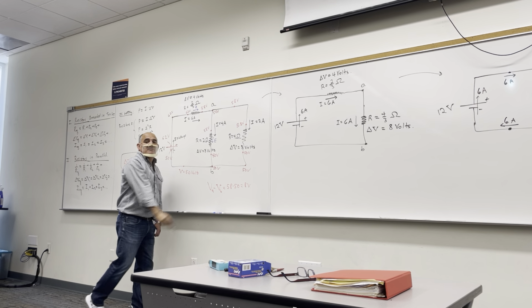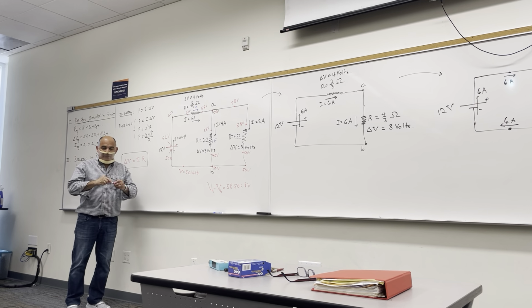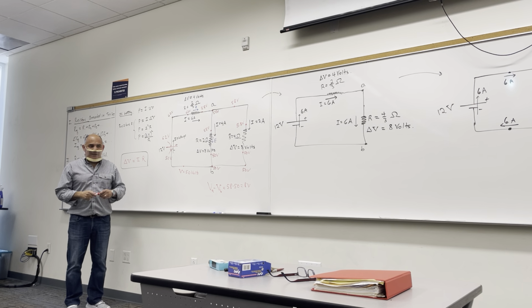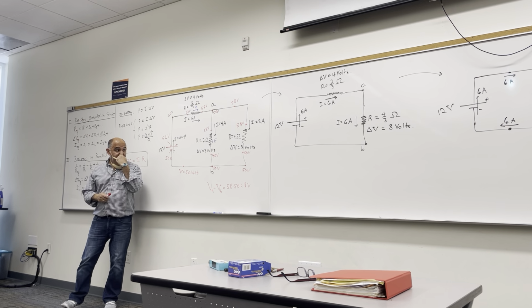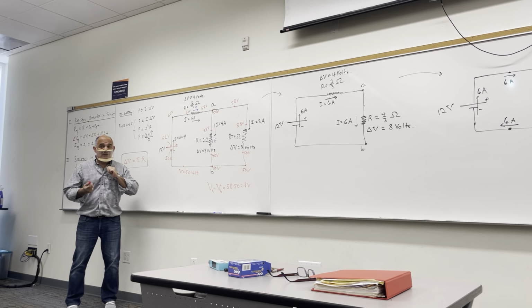It's 8 volts. And I just chose 50 randomly. I could have chosen any other number, and the answer is the same. The voltage across that resistor, or between points A and B, is 8 volts.